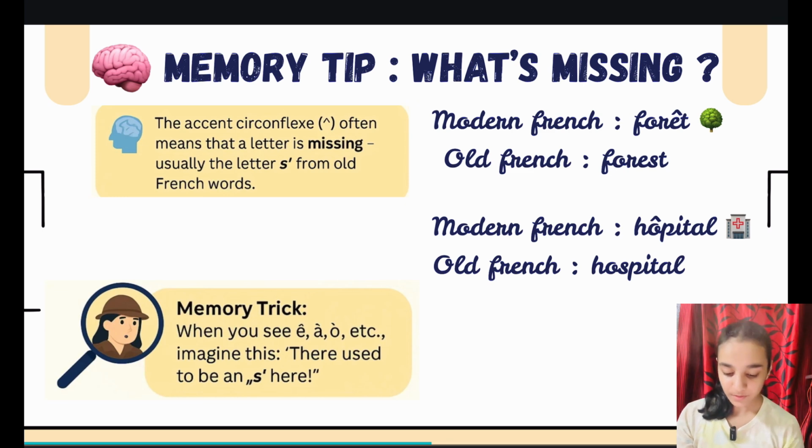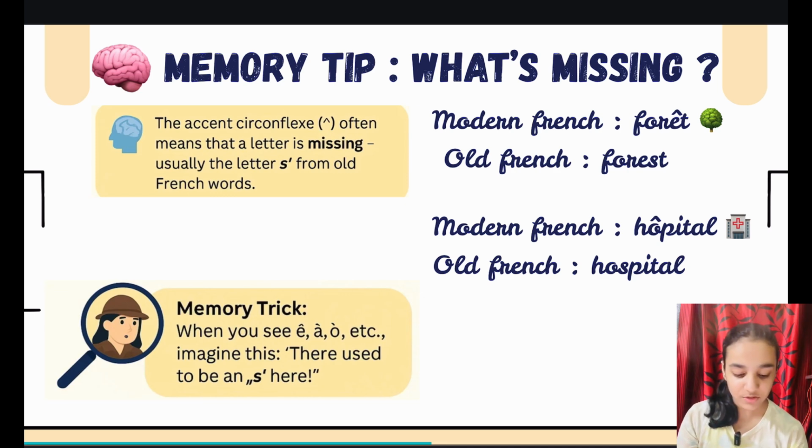So wherever you see an accent circonflexe, just keep in mind that it stands for a letter S. It will help you in English as well as in French. So it's a memory trick for you. When you see E, A, O with an accent circonflexe, imagine this: there used to be an S here.